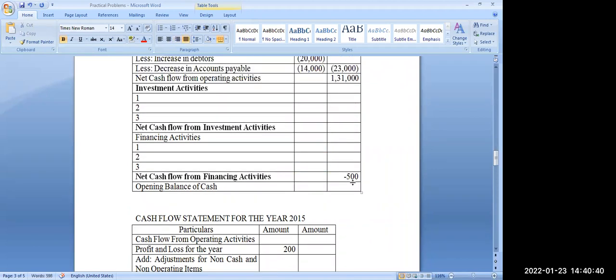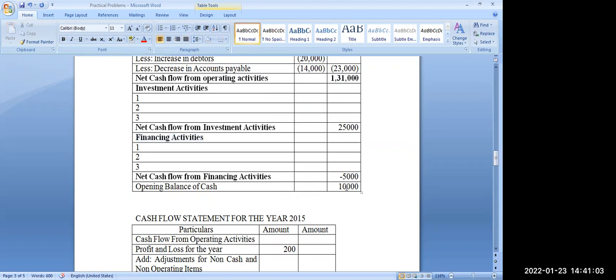Now we have the opening balance here. Suppose the opening balance is 10,000. This is the net cash flow from operating activities, this is the amount we have as net cash flow from investment activities, and this is the amount we have as financing activity.